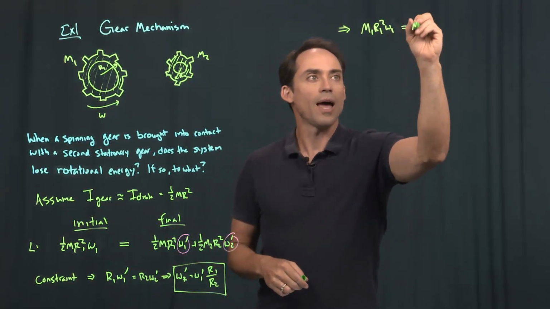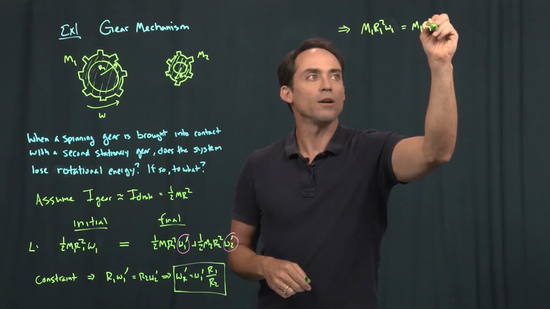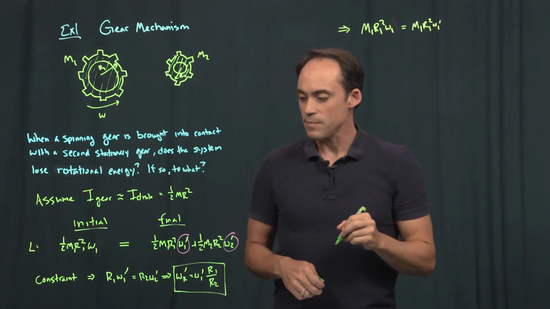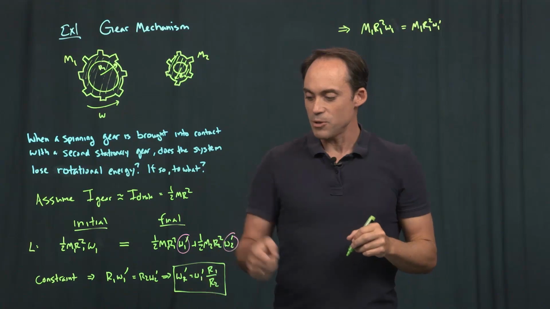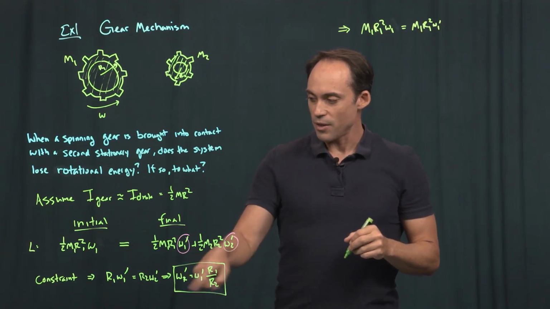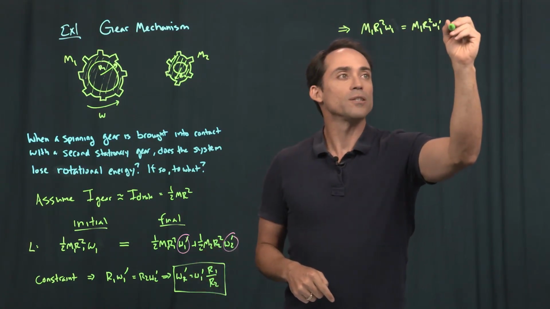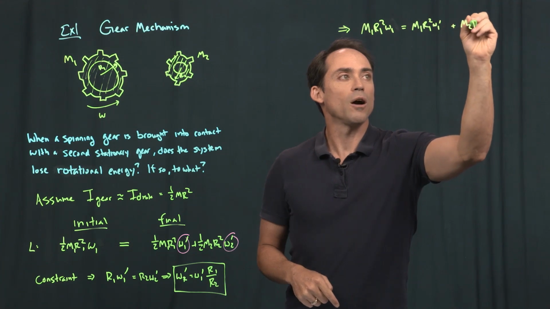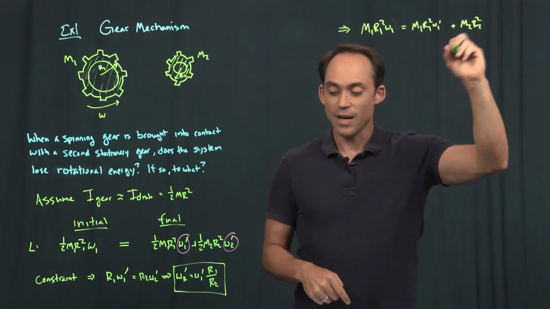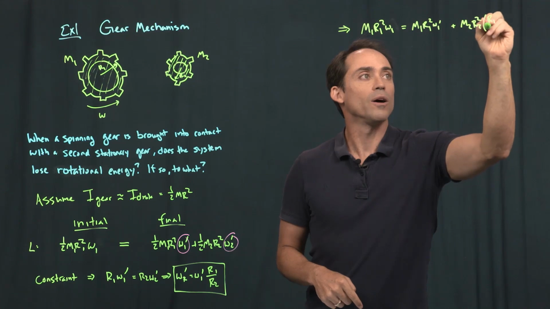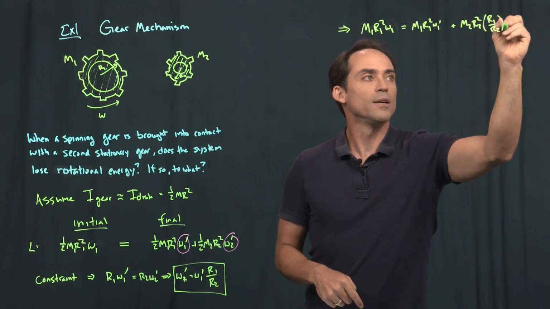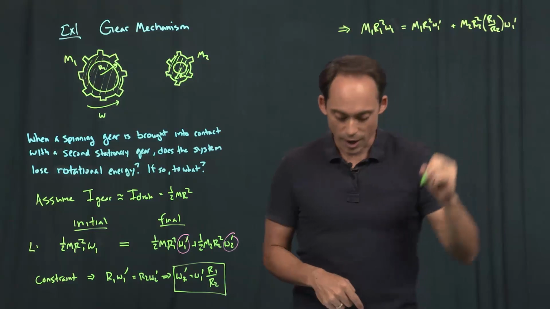That's equal to m1 r1 squared times omega 1 prime. And then for omega 2 prime, I'm going to substitute in my expression from the constraint equation here. So that's going to be plus m2 r2 squared times r1 over r2 times omega 1 prime.